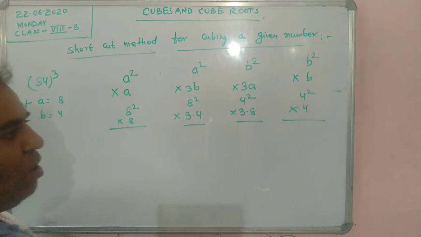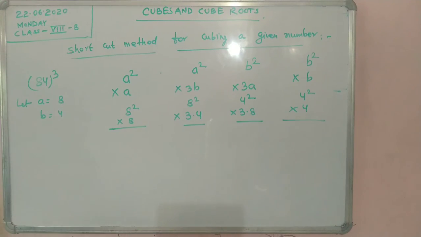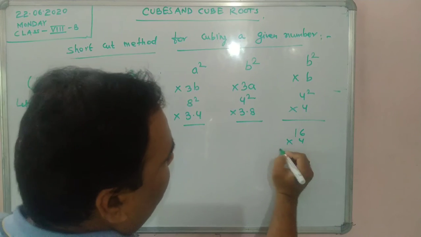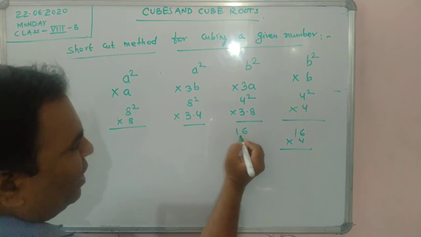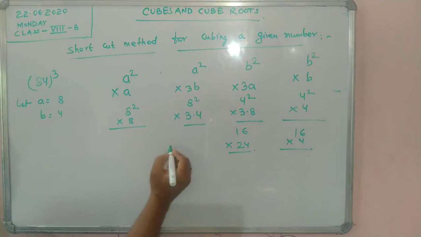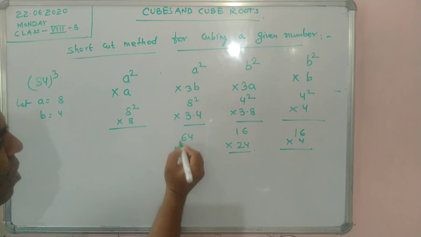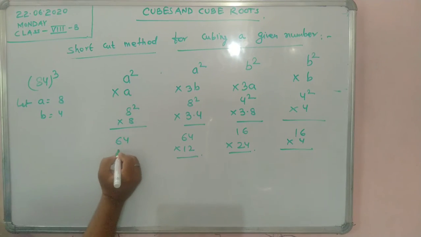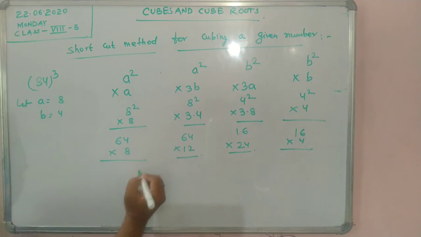Now we are going to find out the product. So 4 square, that means 16. 16 into 4. Here 16 into 3 into 8, that is 24. Here 8 square is 64 into 3 into 4, that is 12. And here 8 square, that means 64 into 8.